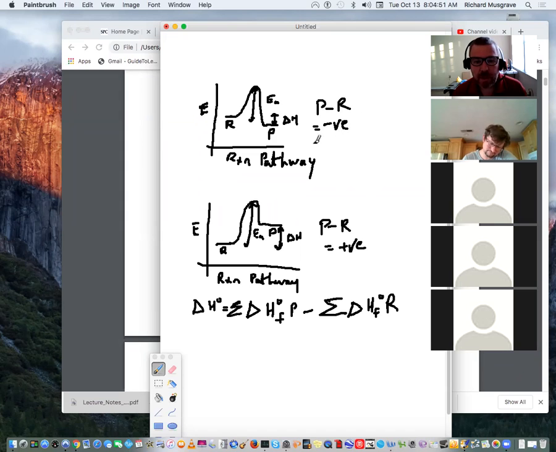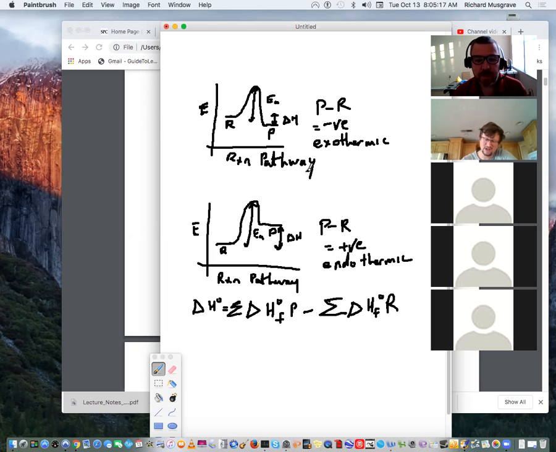So we call this one exothermic. This is because the negative represents an energy loss, and that would be released usually as heat. And then we've got the other one, this is endothermic, which means that energy is drawn into the reaction from the outside.